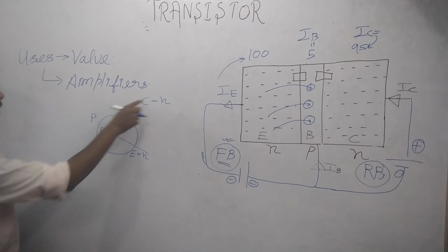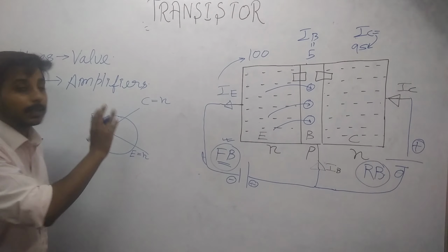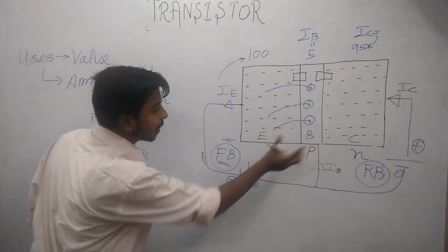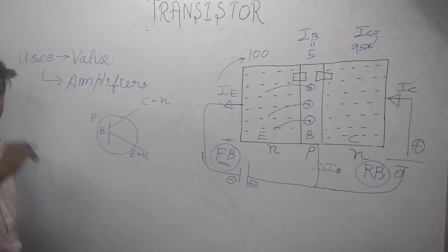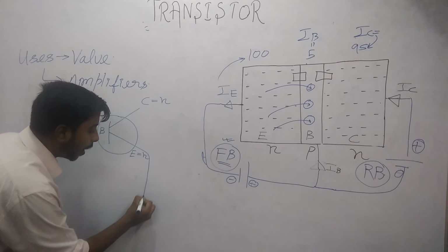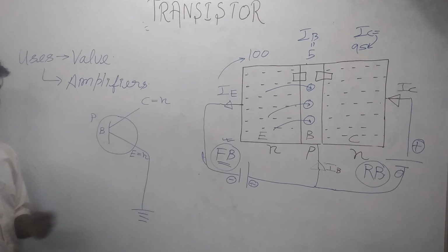So NPN. Now, where the transistor functions as an amplifier, we do not use this as it is. We use a special type of transistor, which is a common emitter transistor, in which the emitter is earthed. Okay, it is connected to the earth.